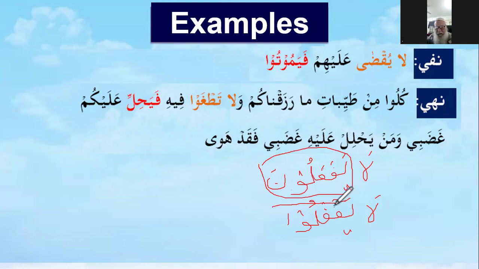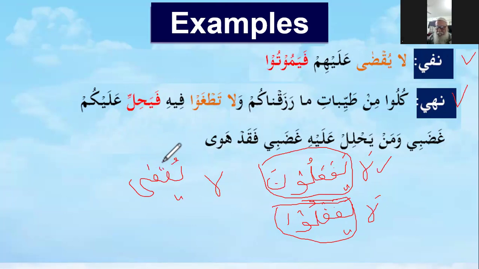It's not a complete verb. The noon is missing. So when after the la something is missing from the verb, then it is nahi. If nothing is missing, then it is nafi. Here it was la yuqda. If it was nahi, it should have been la yaqdi.